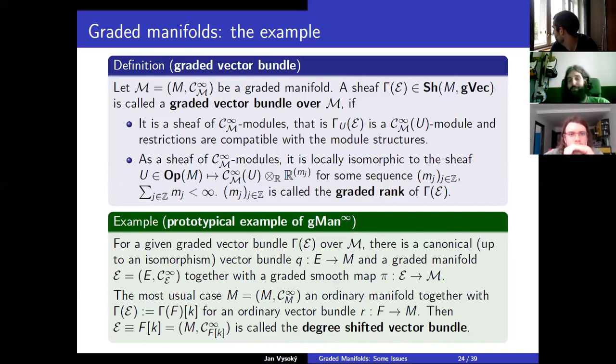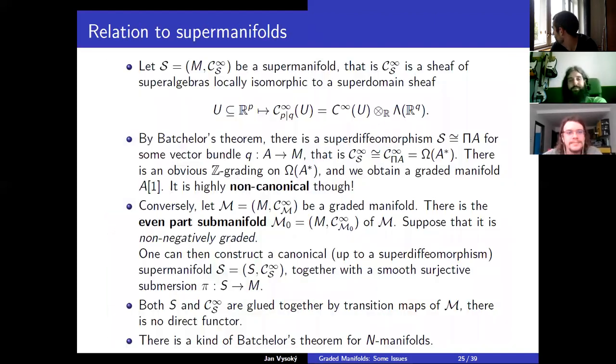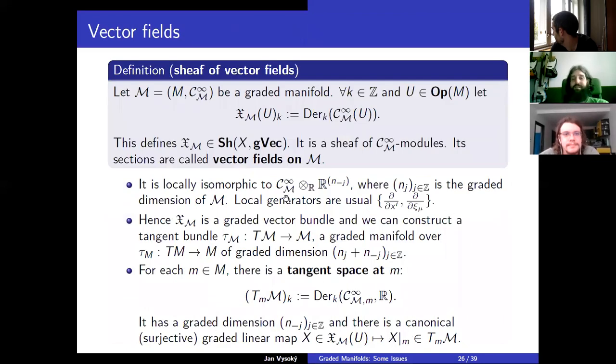And this will answer your question, because if it is possible, of course, I can take my sheaf of vector fields, which is just a sheaf of graded vector spaces, which is a sheaf of modules, then construct a graded vector bundle, and then recover vector fields again as a sheaf of sections of this graded vector bundle.